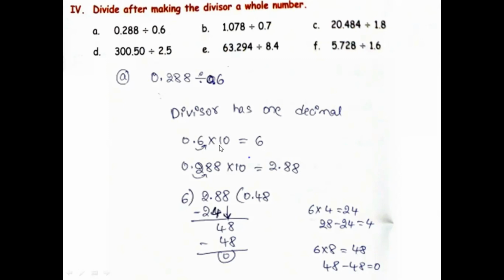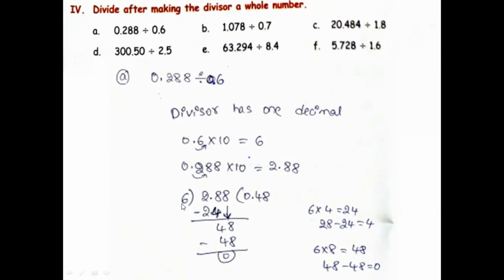When we have one decimal place, we should multiply with 10. 0.6 into 10 equal to 6. 0.288 into 10 equal to 2.88. 6 is the divisor, 2.88 is the dividend.